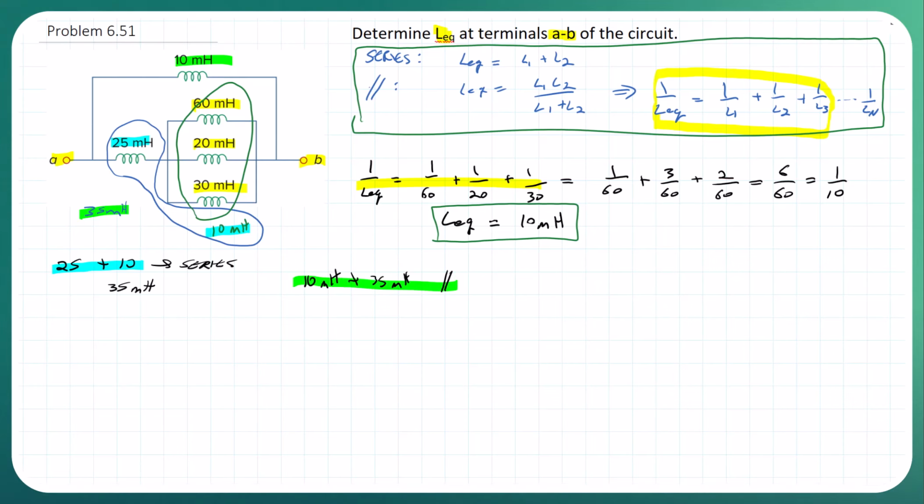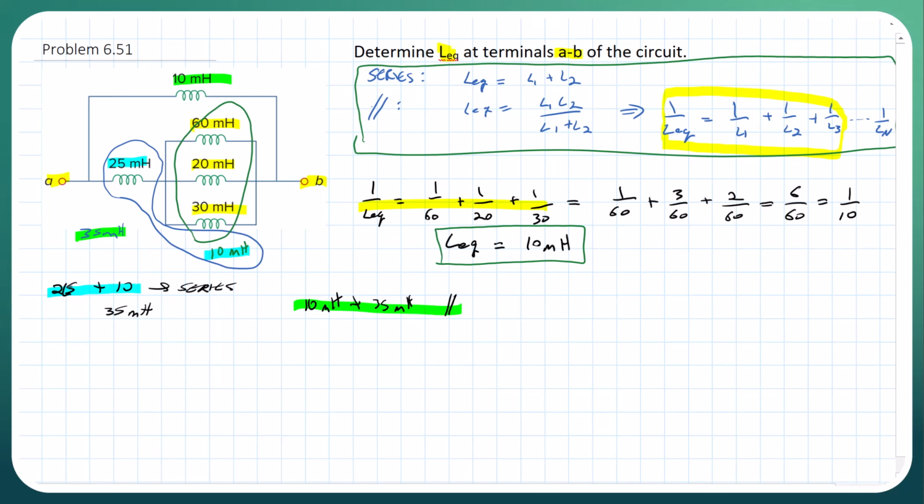Because they're in parallel, our L equivalent is going to be 10 times 35 over 10 plus 35. And if we compute that, we're going to get 7.778 millihenries. And that's going to be our final answer.